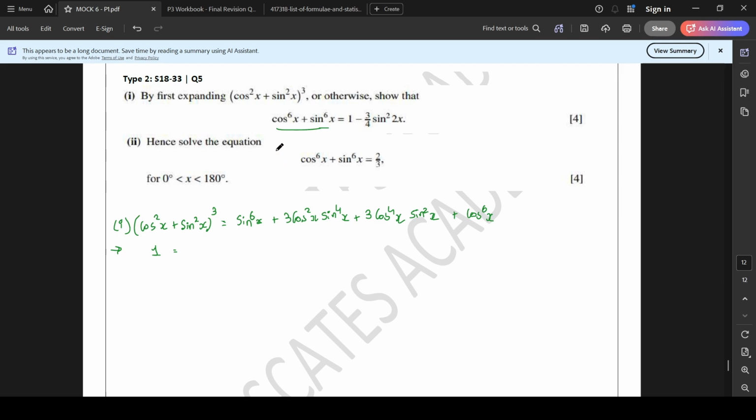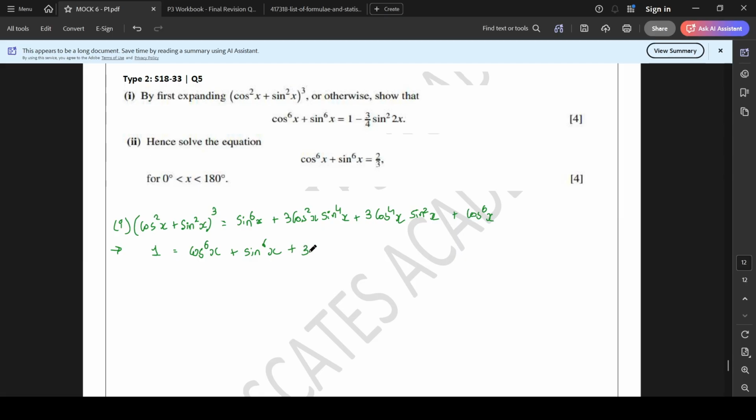I'll try to club the cos power of 6x and sine power of 6x over here. So cos power of 6x plus sine power of 6x. And then I'm having 3 cos square x sine 4x and 3 cos 4x sine square x. So in this case, I'll try to make some of the things common. So I'll take 3 cos square x and sine square x as common, as both of it is present in the terms.